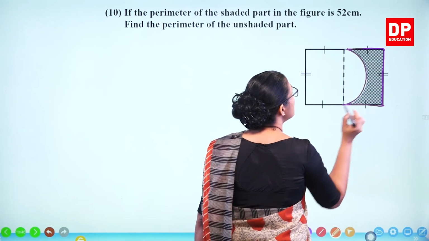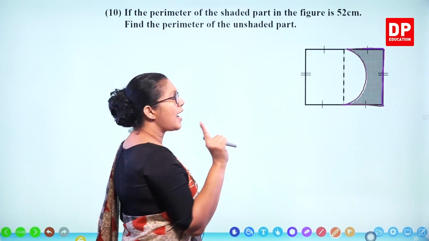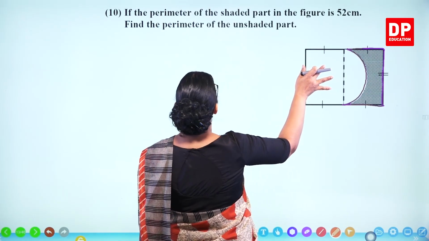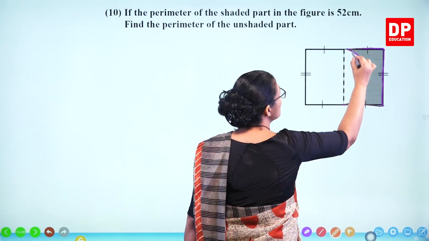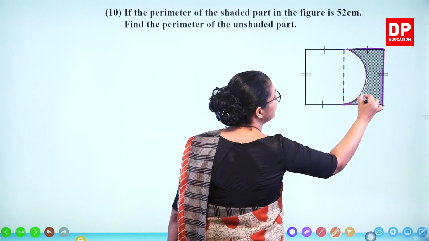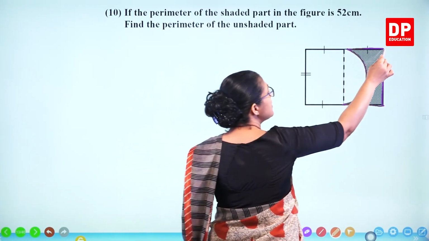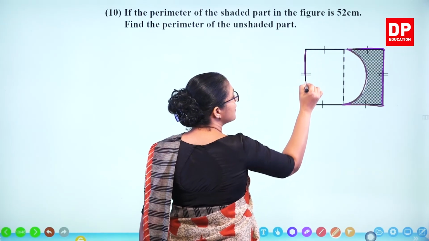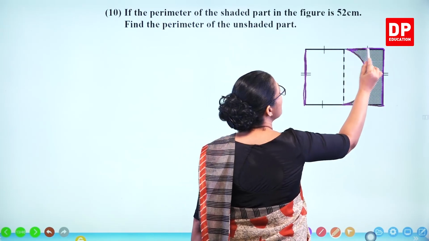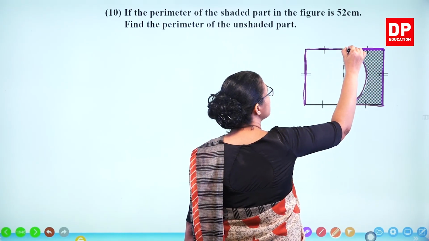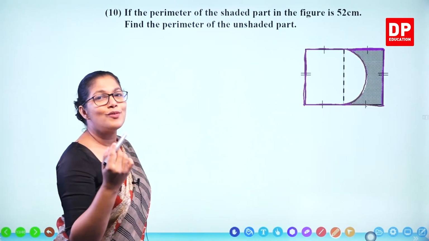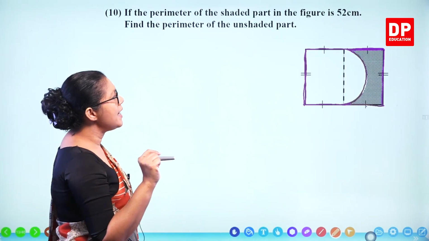So that's 52. When you take the unshaded part, you get this one. This one is same as that. This part is same as this one, and this part is same as this part. And this part is same as this part. So you get the same perimeter.